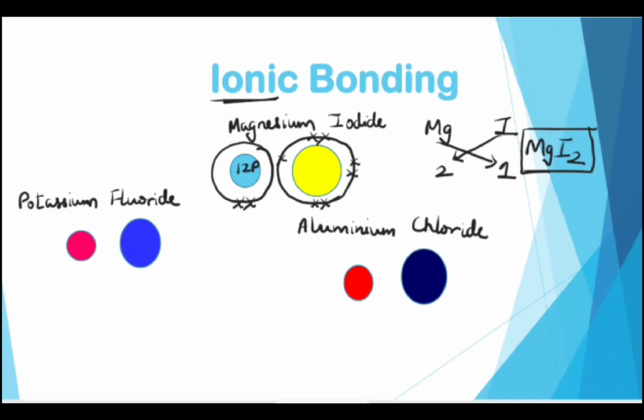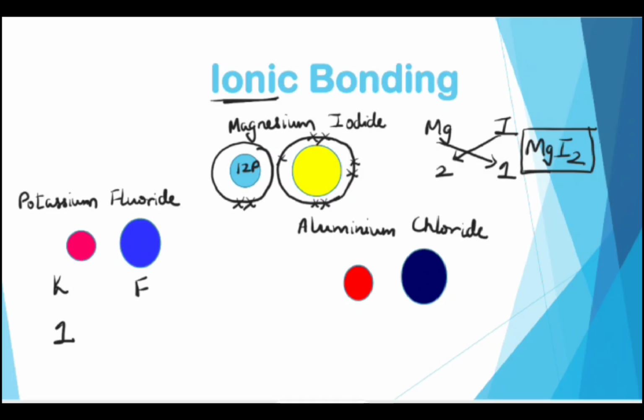Potassium belongs to group 1 elements, so it has a valency of 1.